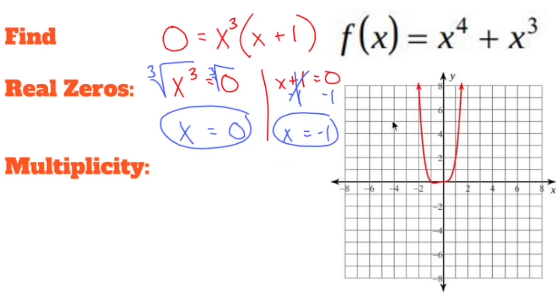What does multiplicity mean? Well, if this is x to the fourth, technically I should have 4 answers. And technically I do. It's just since I pulled out an x cubed, 0 repeats itself. So x equals 0 has a multiplicity of 3.